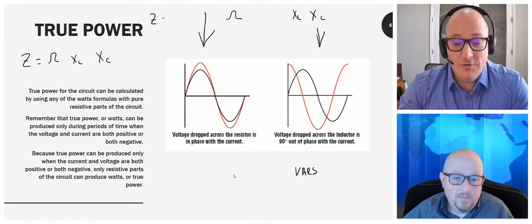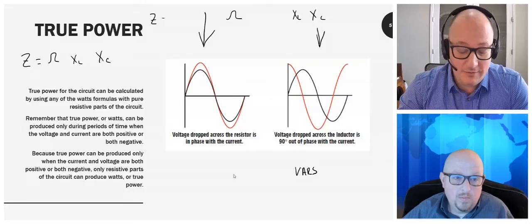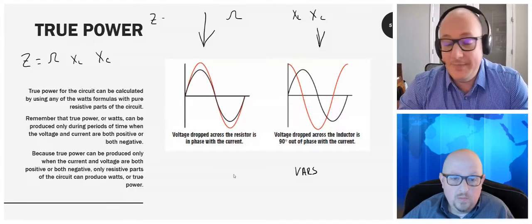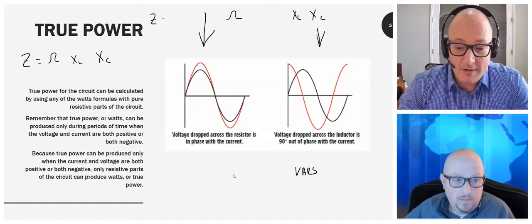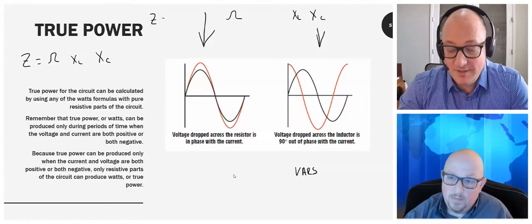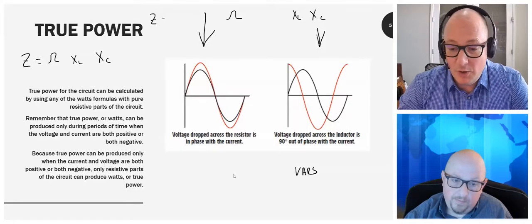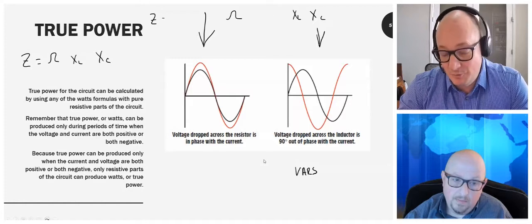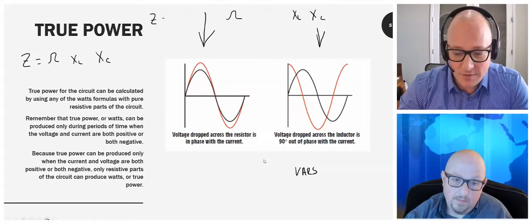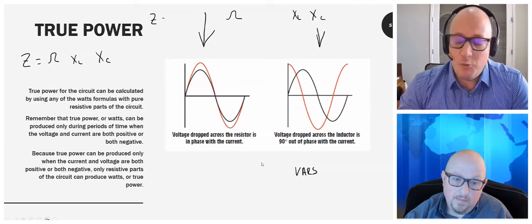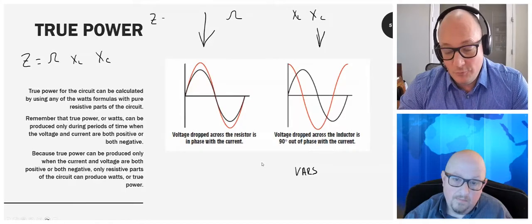If you only have tungsten filament lamps, true power, basically the product of the volts times the amps, is equal at every component. Well, when you start to throw in reactive components, it doesn't work out that way. So basically, you put in more power than what you're getting out.